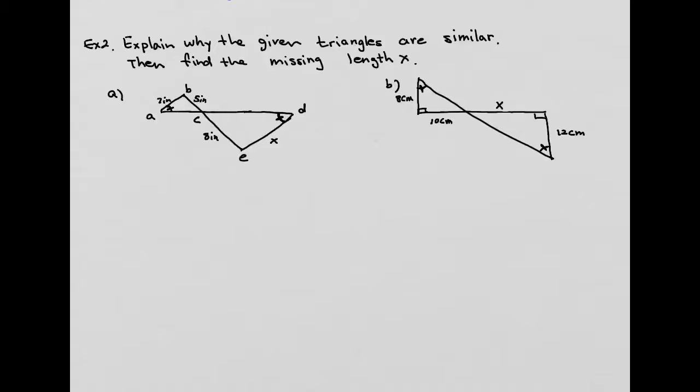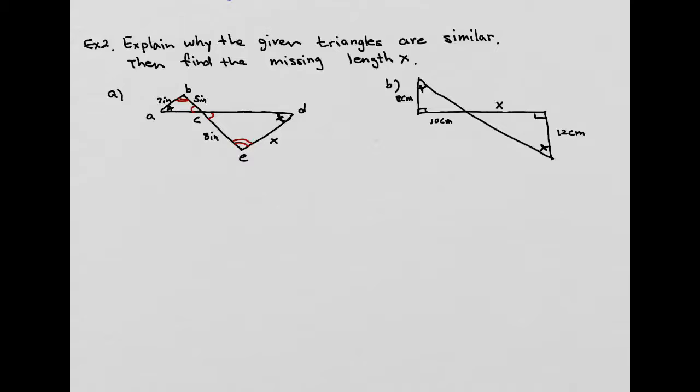When we're looking at A, we know that these two are given as the same angle. And because these two are vertical angles, we know that's also the same. Out of three, if two are the same, then the other one must be an equal angle also, because adding three angles, you have to have 180 degrees.